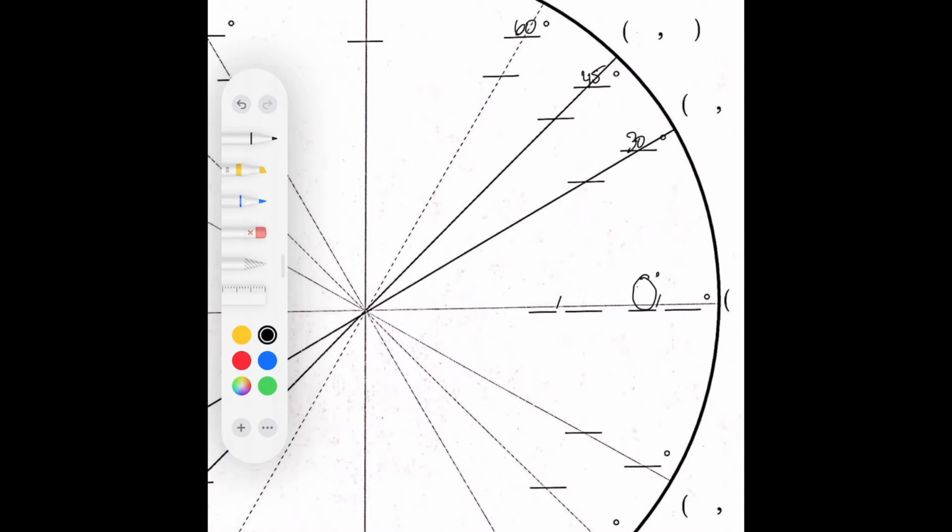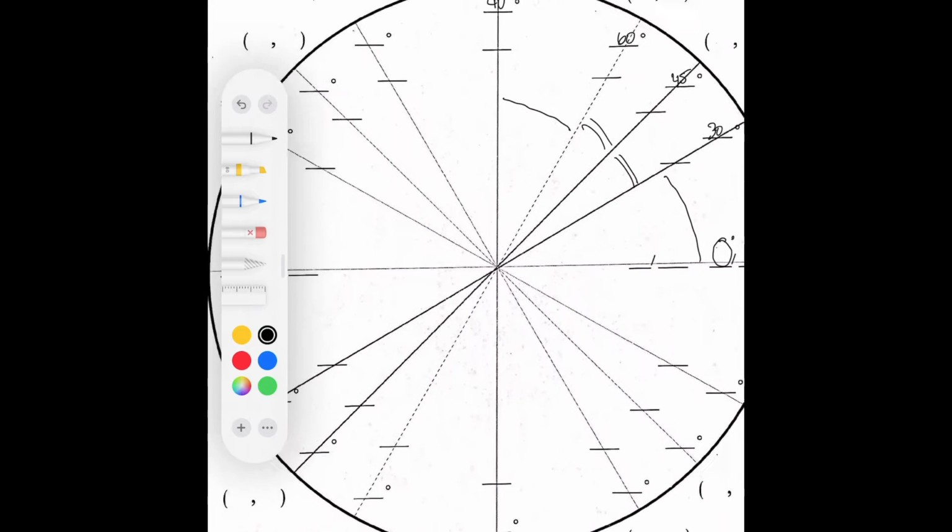So if you'll notice, these spaces right here are 30 degrees apart, and then these spaces right here are 15 degrees apart. So if you remember that, we'll go all the way around.